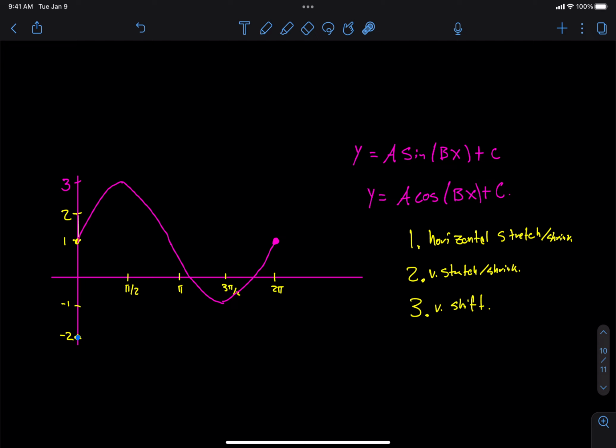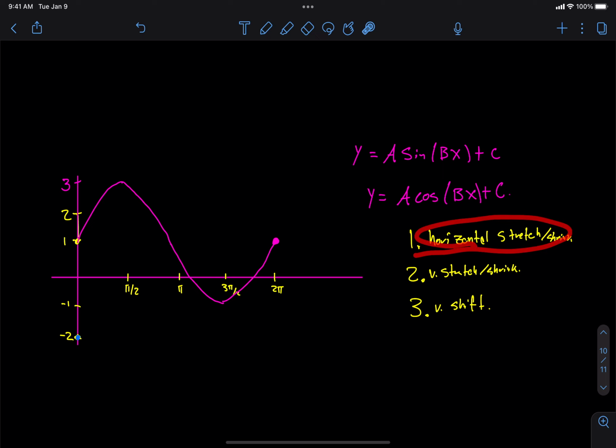But I claim you can immediately throw one of them out. I'm telling you that there is not one of these transformations. Which one can we immediately rule out? Horizontal. Yeah, I can immediately rule out, I know I don't have a horizontal stretch.